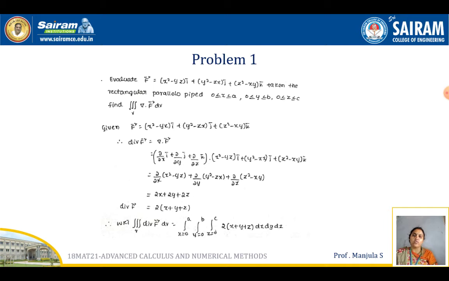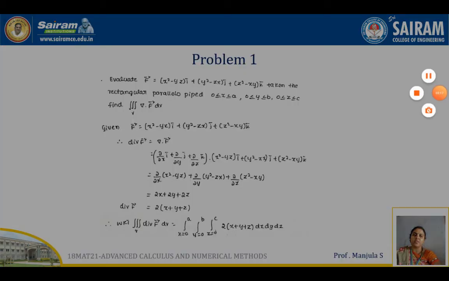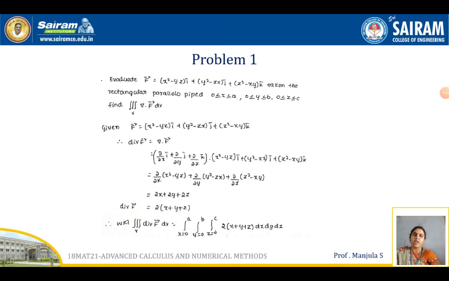Okay, now first we'll find the divergence. Given vector f, you just write as it is: x square minus yz into i cap plus y square minus zx into j cap plus z square minus xy into k cap. Now we'll find the divergence of f.